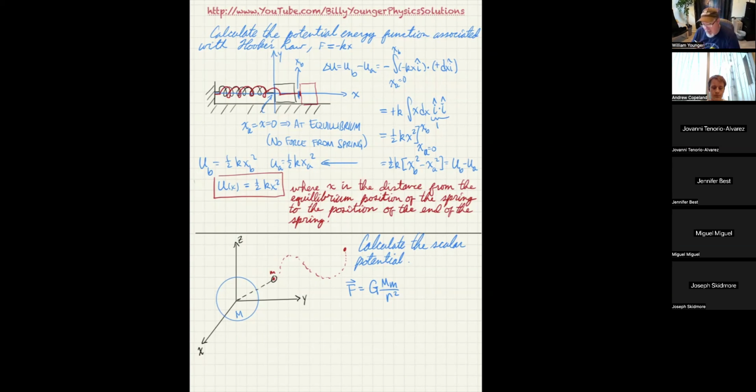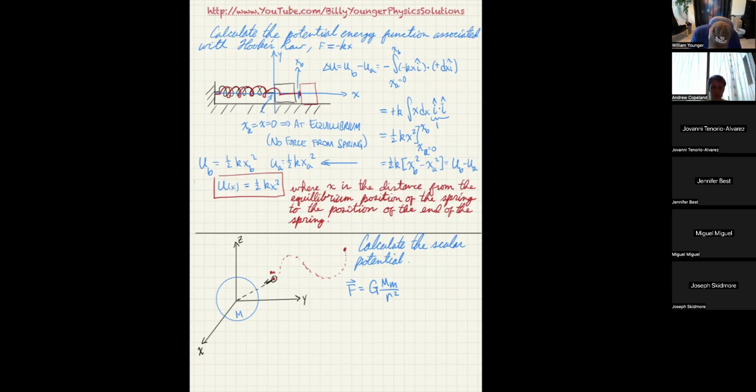Radial means essentially from the origin to the point. So a radial line is that black line I have drawn. If I was at a different point, let's say over here, then the radial line would be like that. But we're going to use the fact that the gravitational force is always attractive, so it's always pulling things towards the center of the Earth.